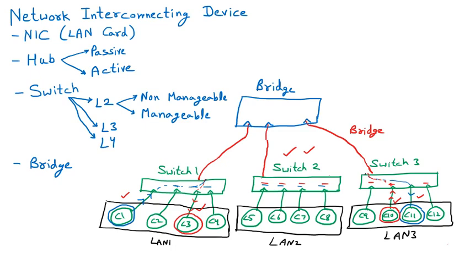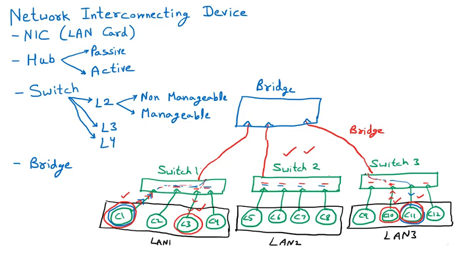Now if I go with the same example, let us suppose that C1 again wants to communicate with C11. Now what will be going on in that case? It will go to its switch, check its own ports, not find it. It will go above.